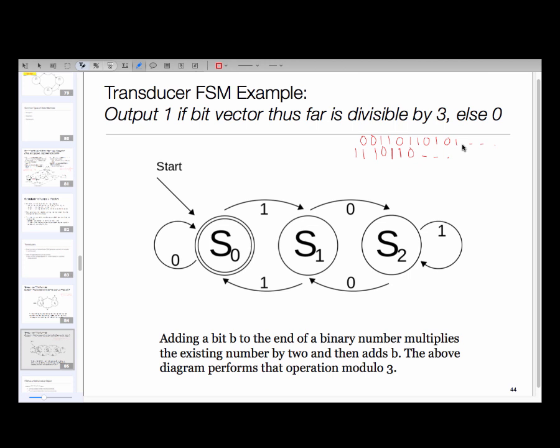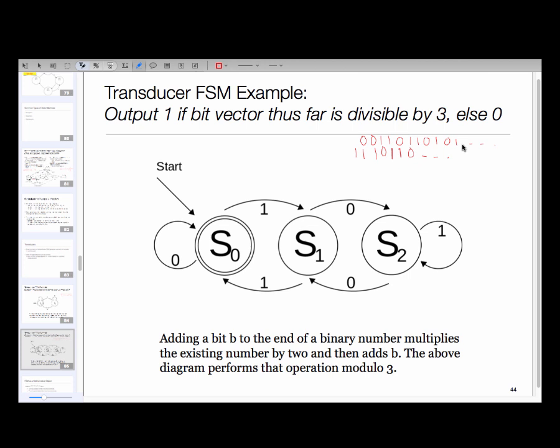So 3x plus 1 becomes 6x plus 2. As 6x is divisible by 3, 2 is the remainder. So if I get a 0, I move to S2. If on the other hand I get a 1, previously I had 3x plus 1, multiply by 2 plus 1, it becomes 6x plus 2 plus 1, which is 6x plus 3, which is divisible by 3. So I go back out here.